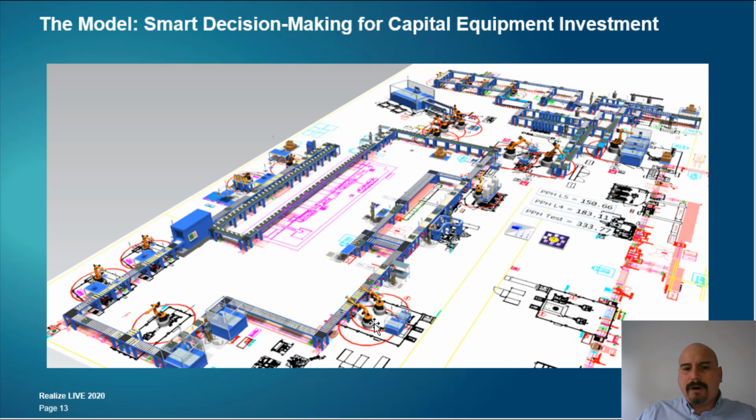Again, this is a full 3D model. We created the different robotic cells, each of them with different challenges on material handling and different takt times. These are two closed loops. The one on the bottom of the picture is a closed loop that contains a fixed amount of pallets that are taking material to the different stations. This was one of the key components of this model because the pallets are specialized pallets.